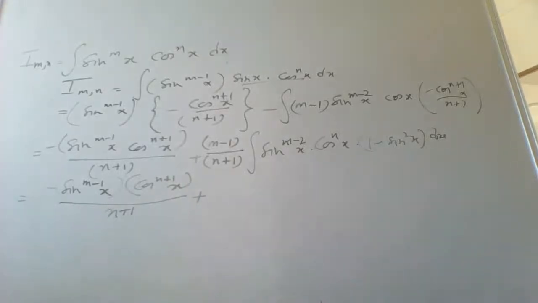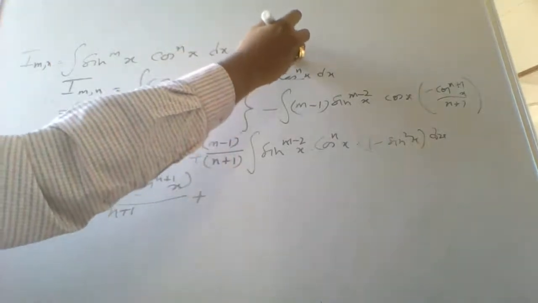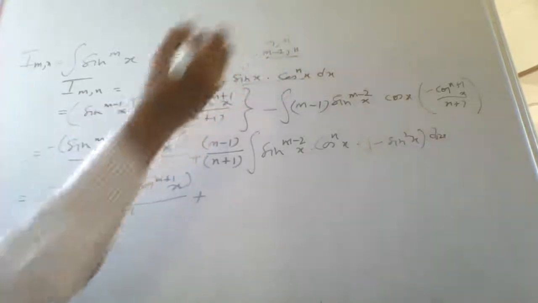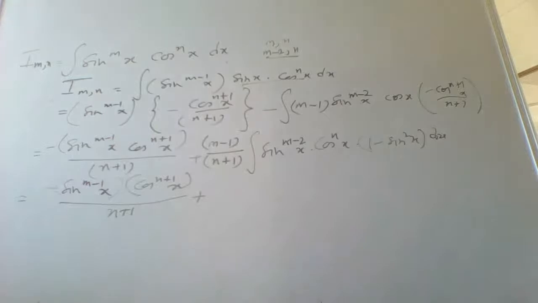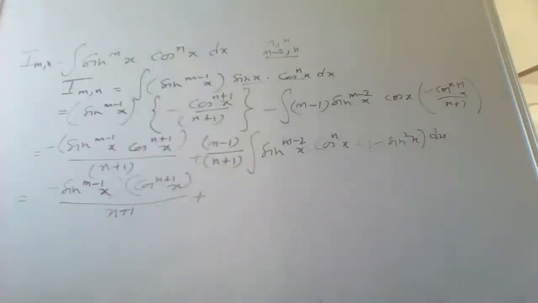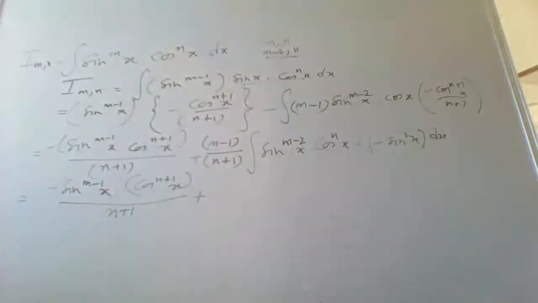Now I can write this as m minus 2 and n, because the powers are like this. And I'll get another term also, which is m and n. So these two terms will be there.